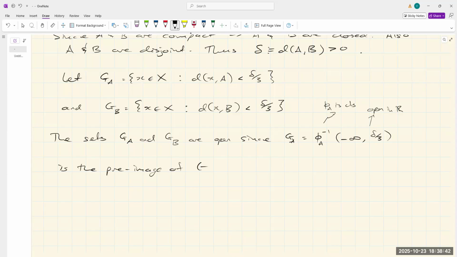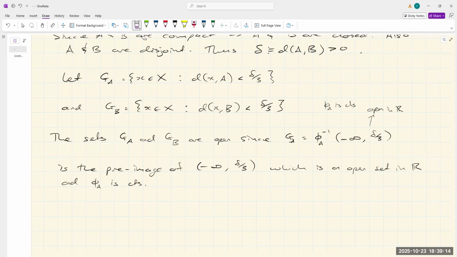It's everything that maps to less than delta over 3, which is an open set. Open intervals are open sets in R, and phi A is continuous.